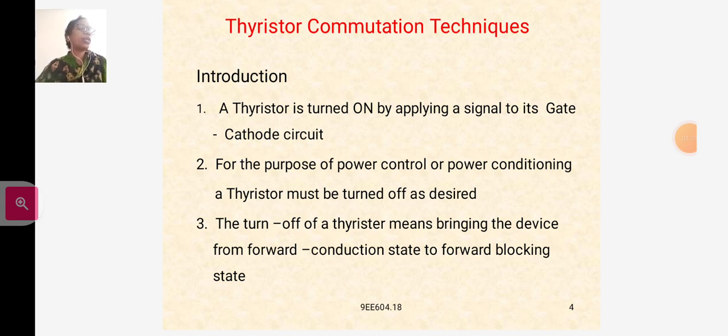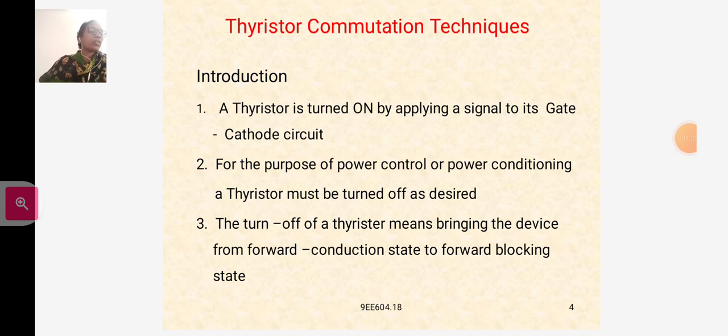In these modern days, in some applications of power electronics devices or circuits, it is very necessary to turn on as well as turn off a thyristor at a required instant of time to achieve a high degree of accuracy. A thyristor is turned on by applying a signal to its gate cathode circuit, which is a very convenient method.